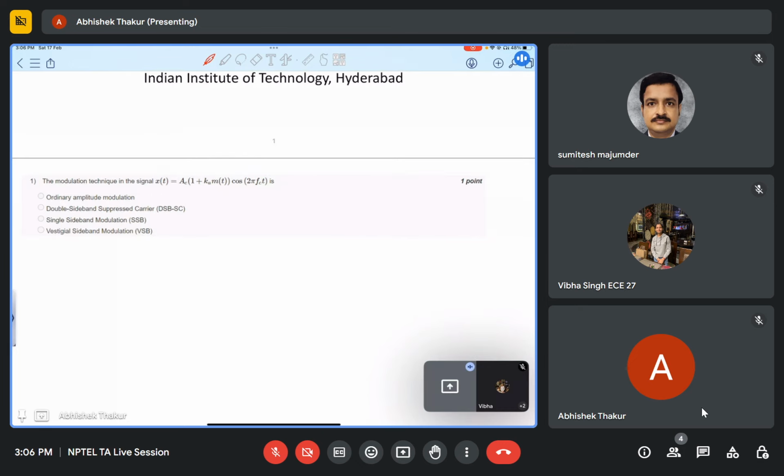First question is: the modulation technique in the signal x(t) = Ac(1 + ka m(t)) cos 2πfct is. So basically, this signal is an AM signal. The representation of the AM signal is given as Ac(1 + ka m(t)) cos of 2πfct. Here m(t) is the message signal.